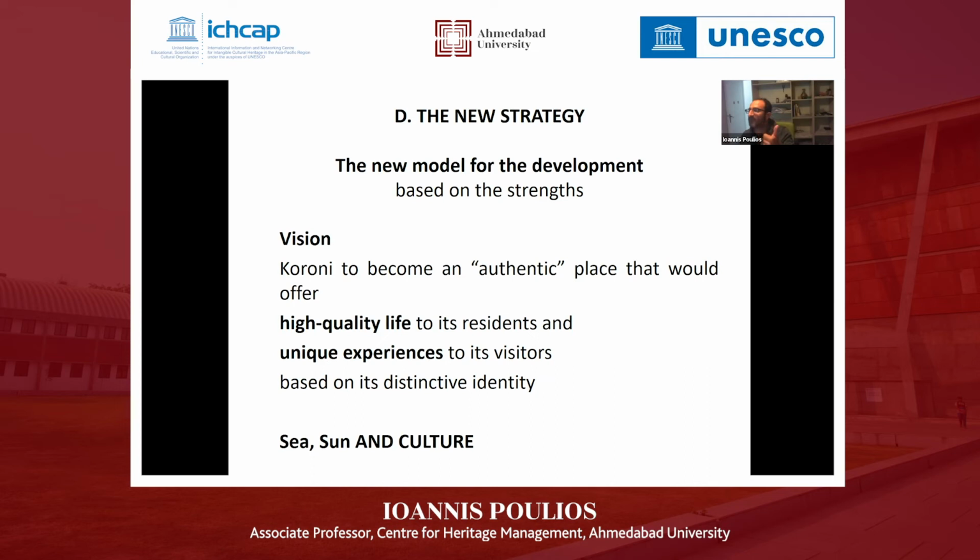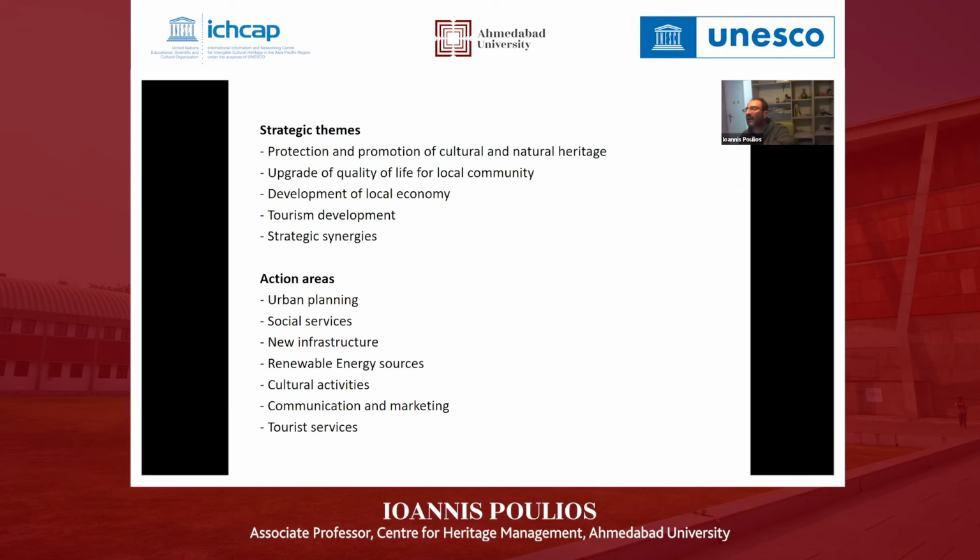Authentic place means safeguarding of cultural and natural heritage, and then quality of life, you remember, for the local community, and then development of the local community, and then tourism. Tourism comes fourth. And of course, strategic synergies with Costa Navarino, etc. And action areas: urban planning, social services, new infrastructure, renewable energy, cultural activities, communication, marketing. Tourism comes at the end, because this is the priority from this mapping.